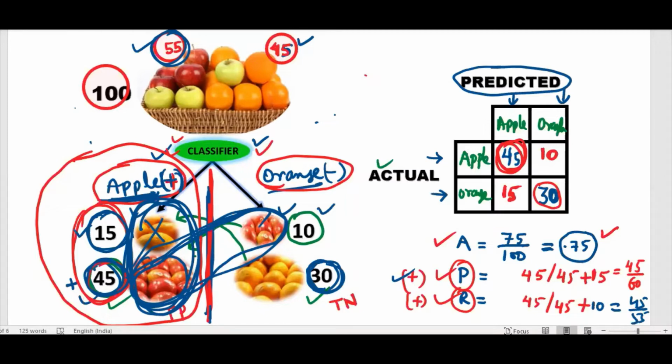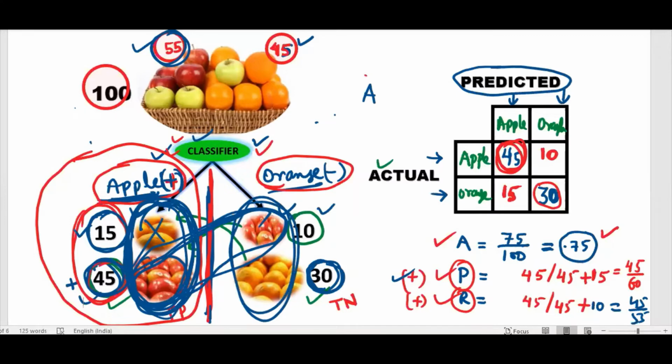So remember this way, when we talk about actual apples, then we say recall. Precision is something from the predicted. You can remember this way also: precision starts with P and prediction is also P. Out of predicted apples, according to the classifier, these are apples and these are oranges.